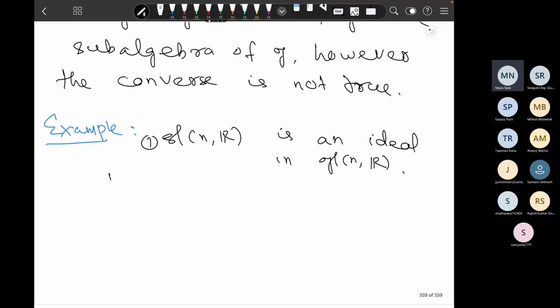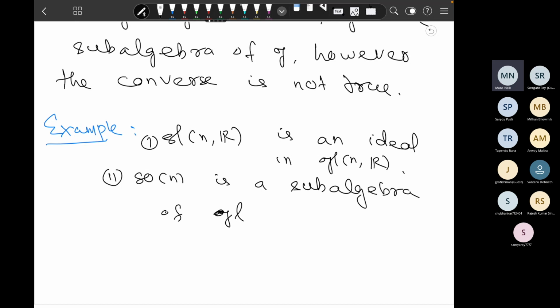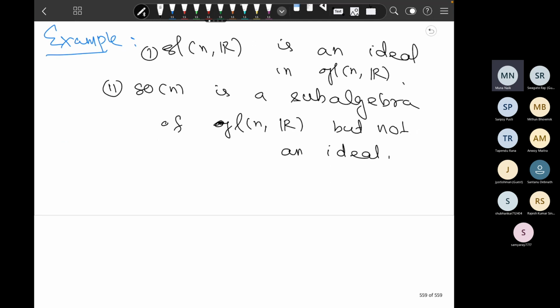Second thing, so(n) is a subalgebra of gl(n,R), but not an ideal of gl(n,R). So this is the thing.